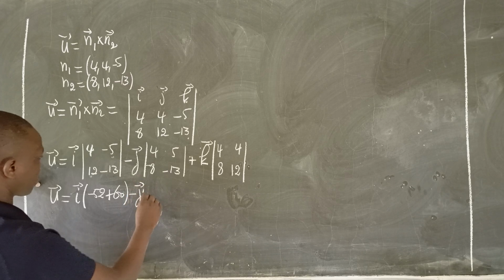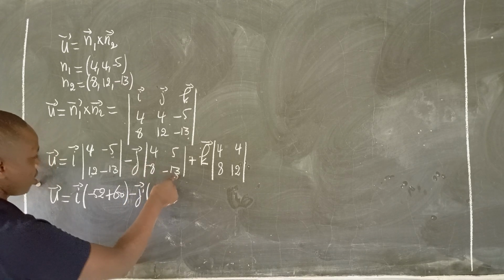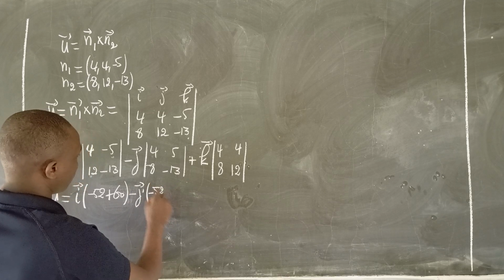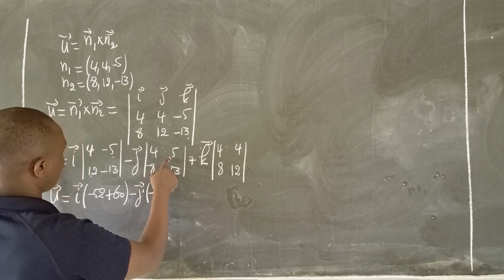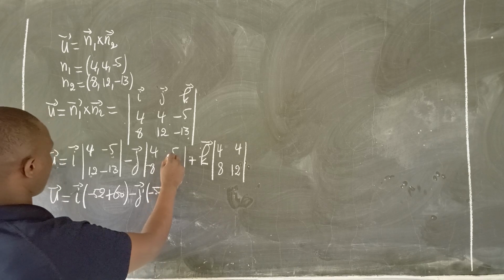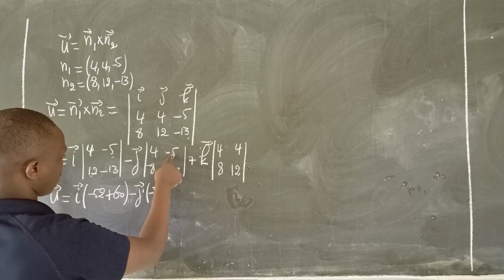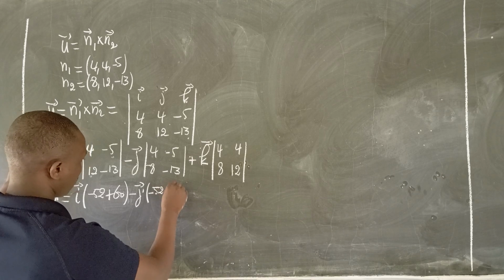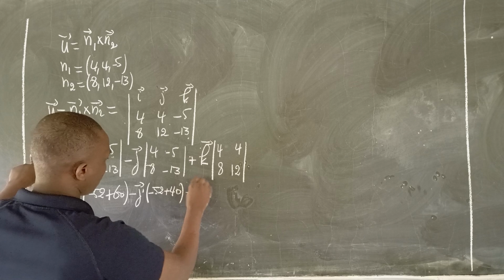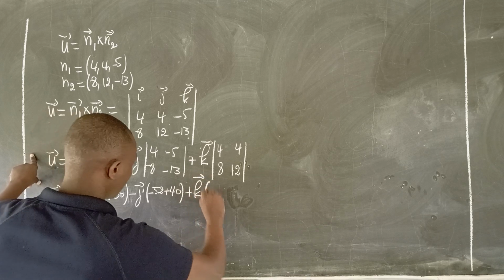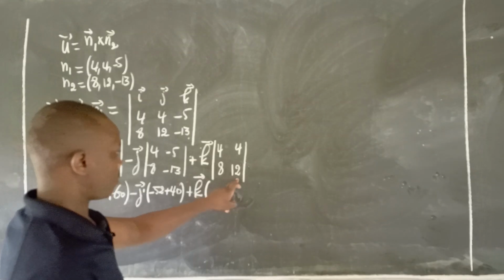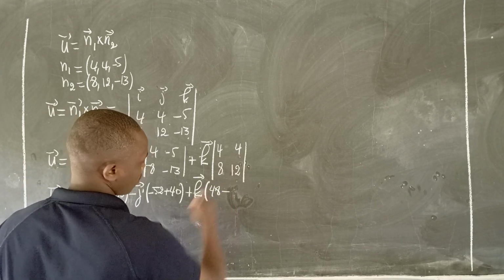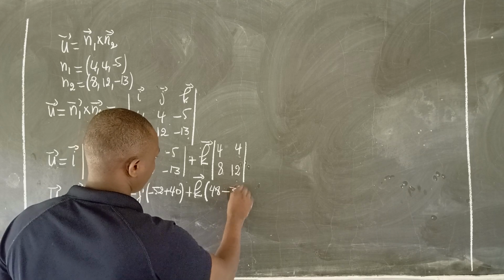Then negative j: this times this is negative 52, and this times this, but here is negative, I guess, is negative 40, minus becomes positive 40. Then add k with coordinates: this times this is 48, minus this times this, which is 32.